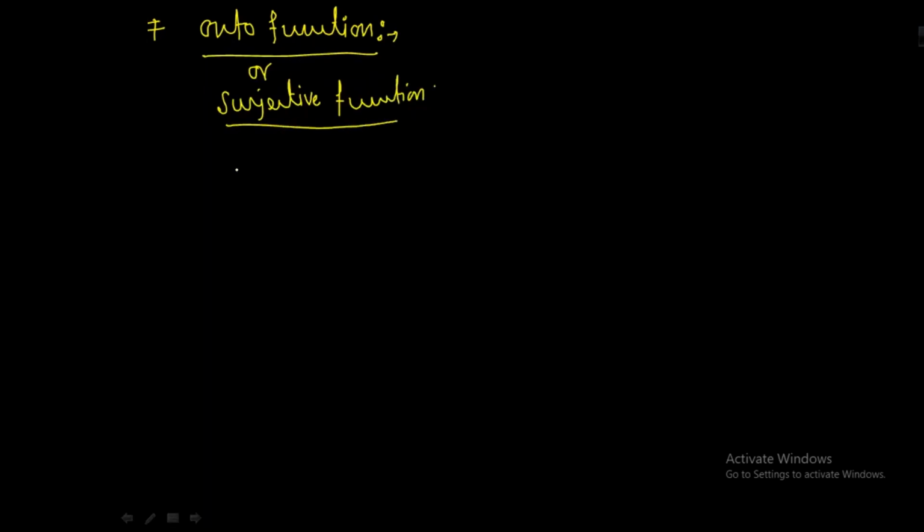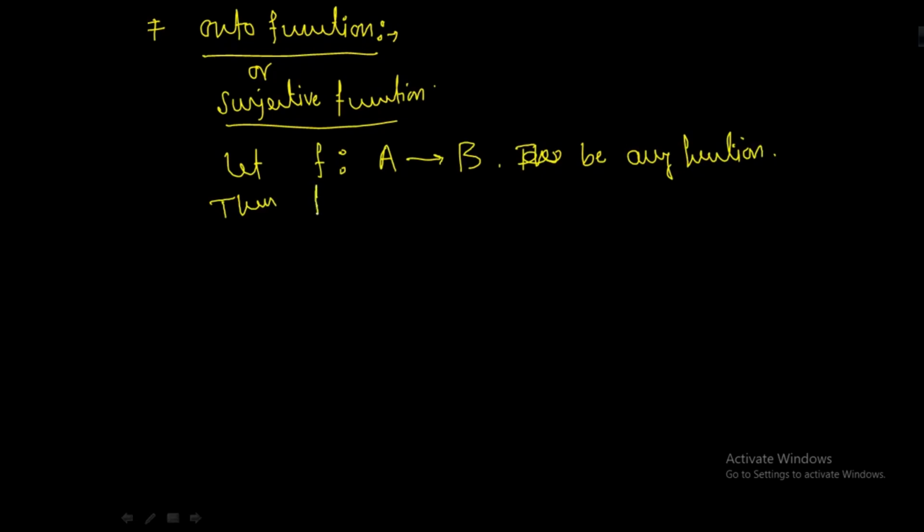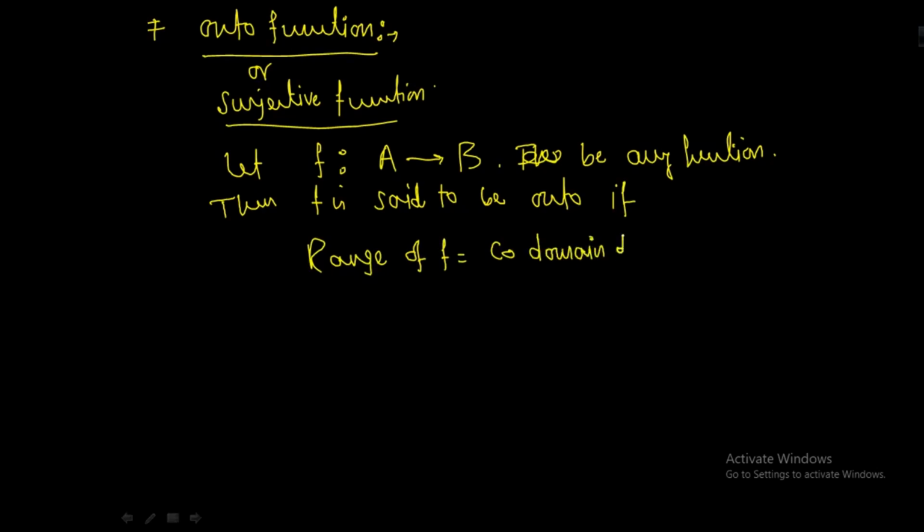Let f be any function from a non-empty set A to another non-empty set B. Then f is said to be onto if range of f is equal to codomain of f, which is equal to B. Try to understand the definition.